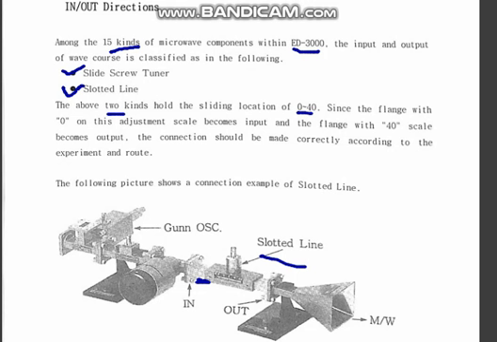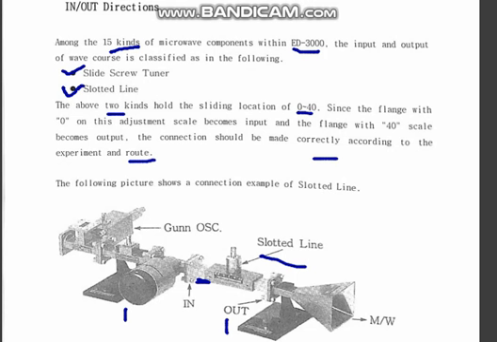Since the flange with 0 on this adjustment scale becomes the input, the flange with 40 becomes the output. The connection should be made correctly according to the experiment and route.